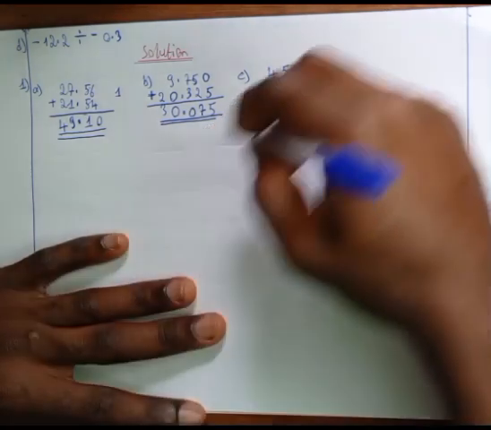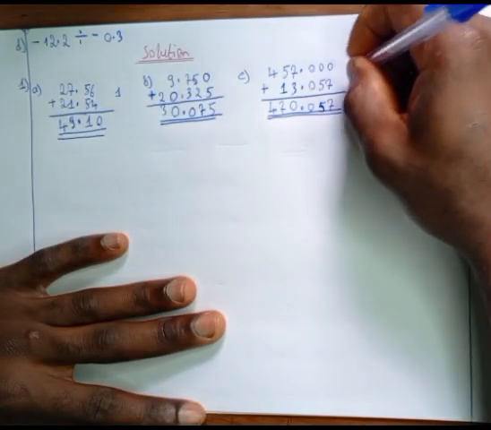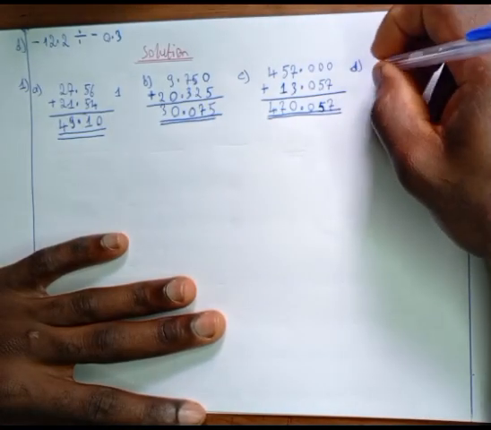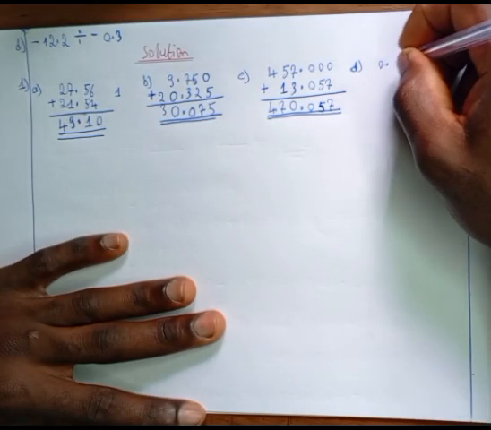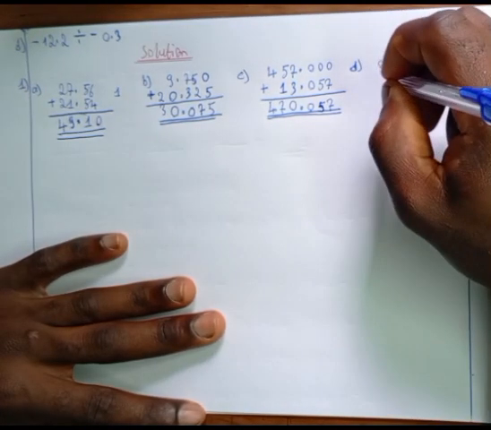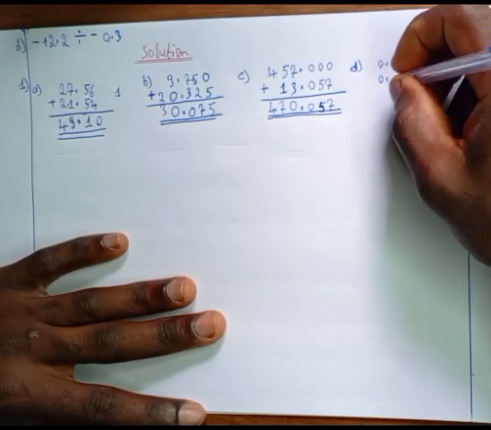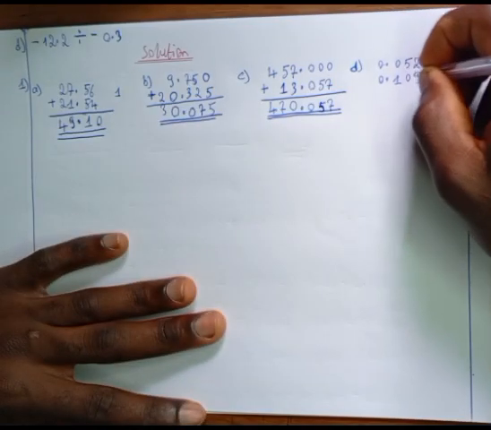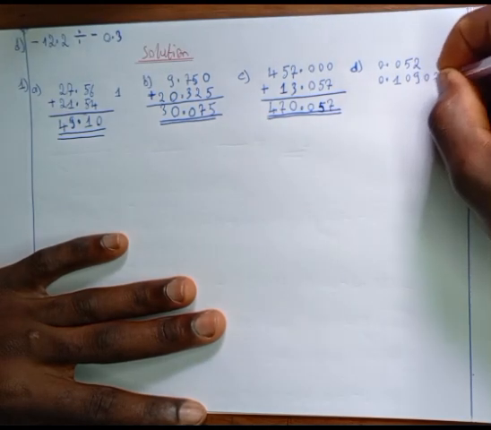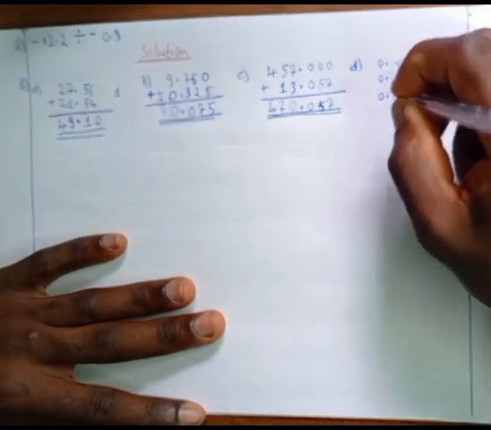Now we go to question D. For D, we are to add 0.052 and 0.109076 and 0.6.